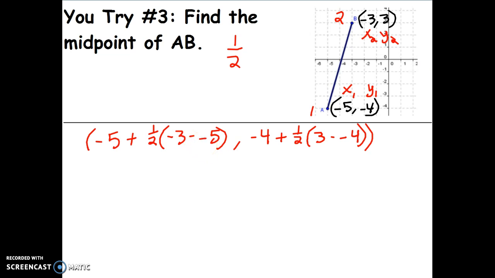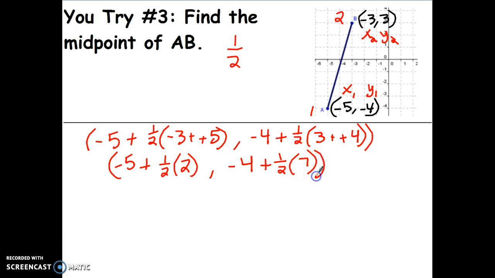Let's go ahead and simplify our parentheses. All right, so -3 plus 5 is the same as 5 minus 3, which is 2. Bring everything else down. 1/2. All right, and 3 plus 4 is 7. All right, 1/2 of 2 is 1.